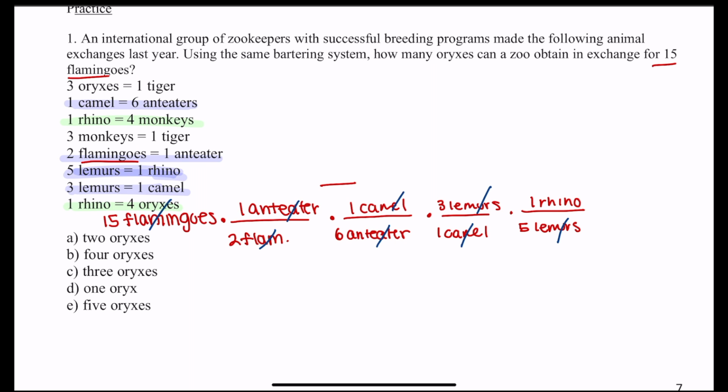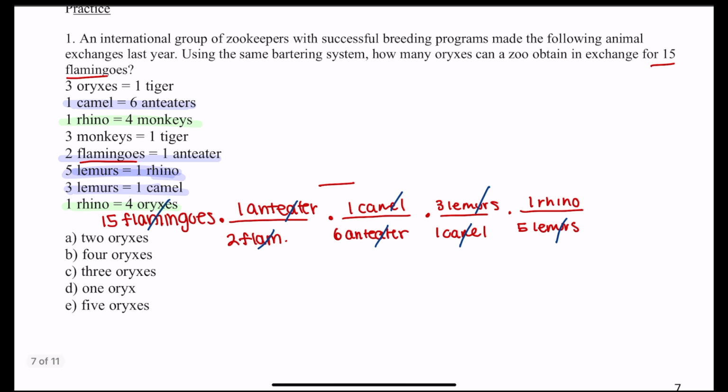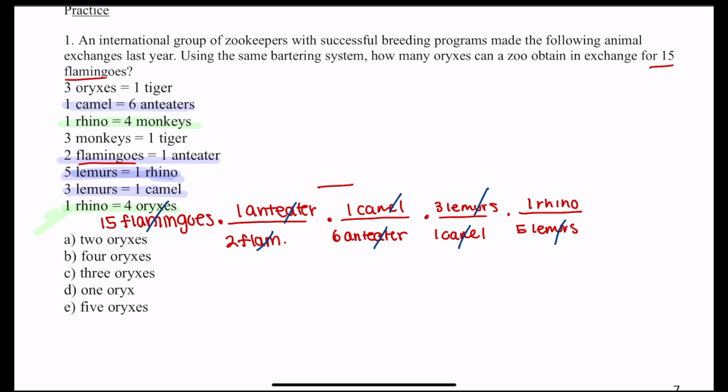Since we want oryxes, instead of going to monkeys, let's go to this one, just to make our life easier. So I'm going to put 1 rhino on the bottom with 4 oryxes on the top, and if we cancel that out, our final unit is oryxes.